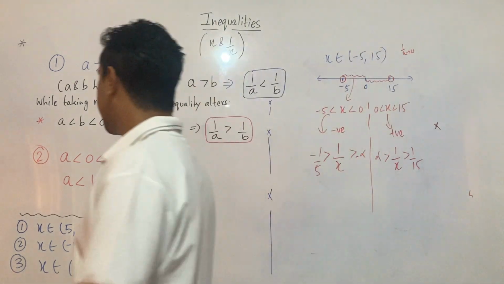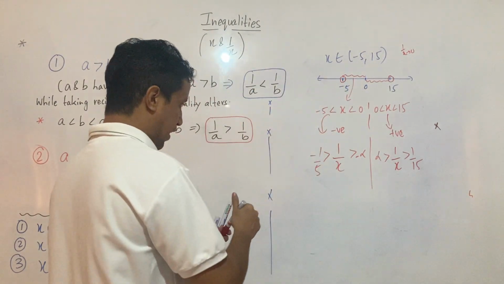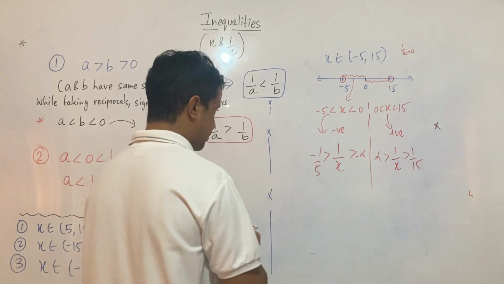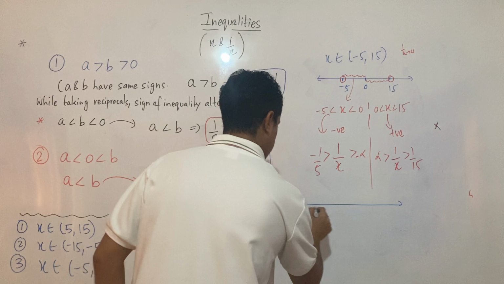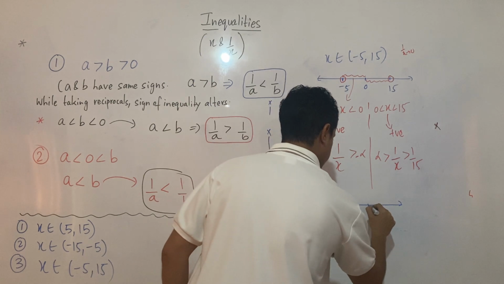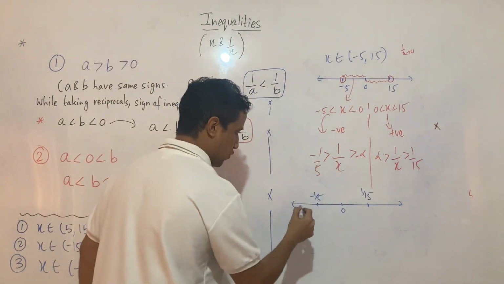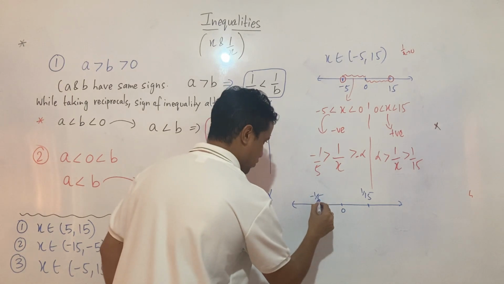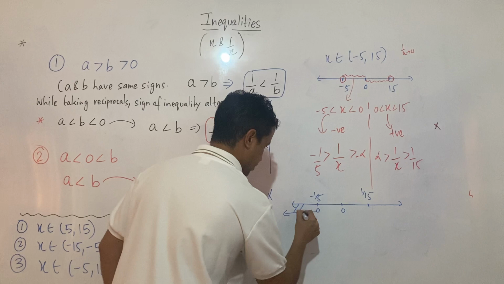Okay, so overall, if you see this on the number line, this is 0, this is minus 1 by 5, and this is 1 by 15. So what it says, your 1 over x is going to be in this region.